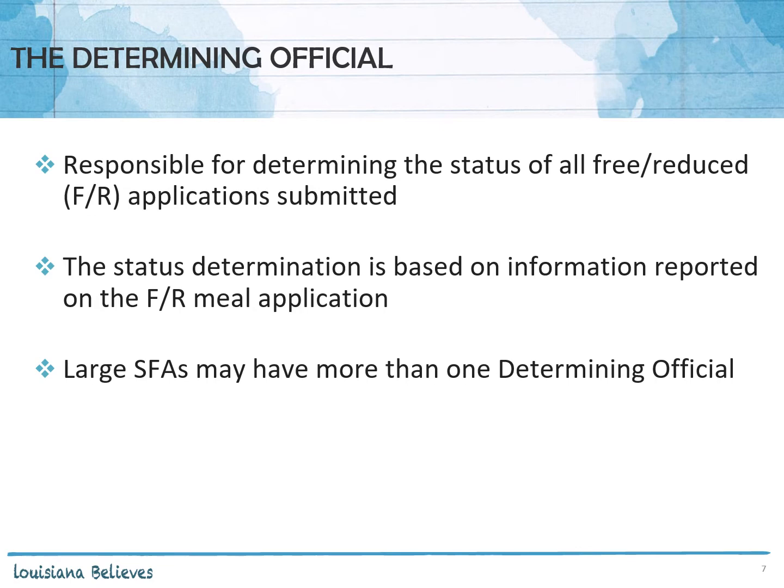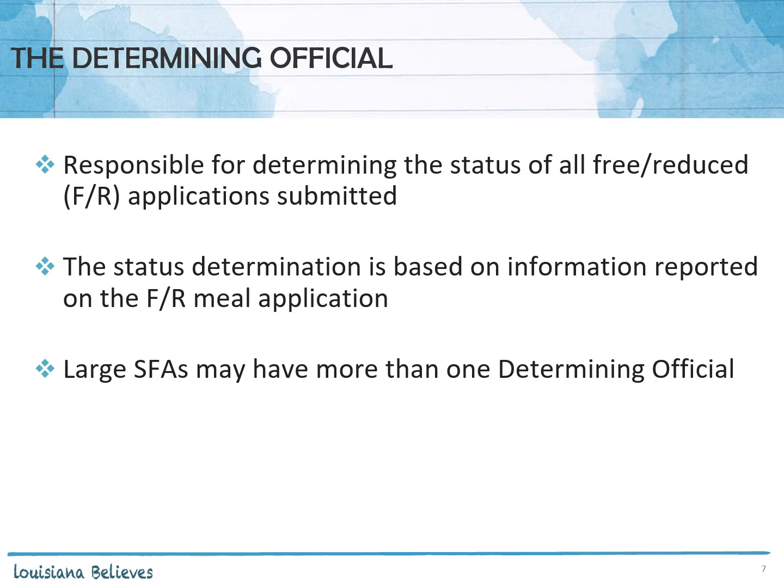The determining official determines eligibility status of all free and reduced applications using the information provided on applications. They will sign all applications as they process them. The determining official may not be the pre-verifying or confirming official, who will conduct a second-level review of all applications selected for verification.